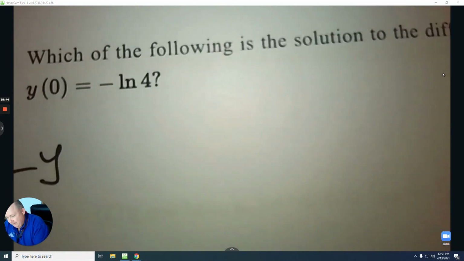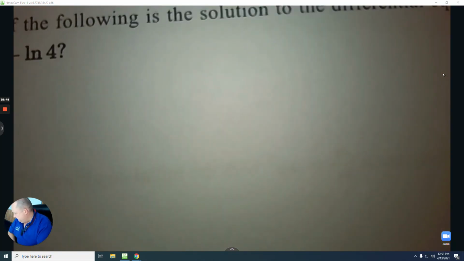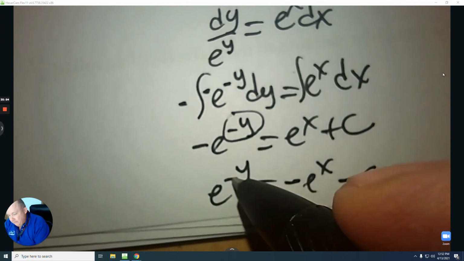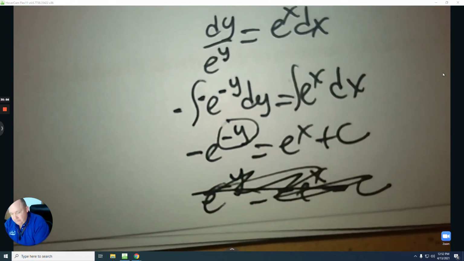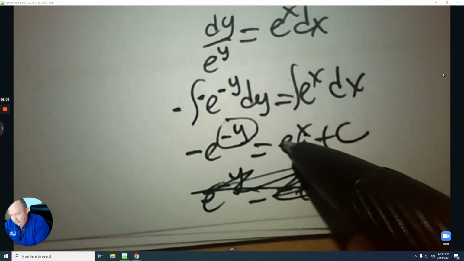So then to write it as a logarithm, oh, here, you know what? Let's just do this. At this step right here, let's solve for the constant. So it's y at 0. So x is 0. So e to the 0 is 1.